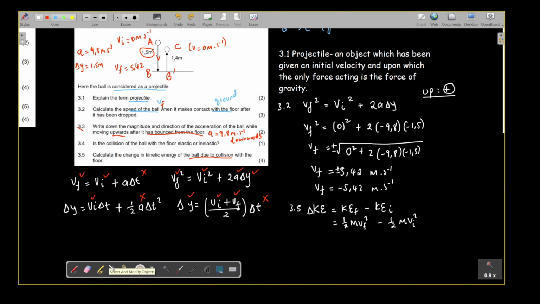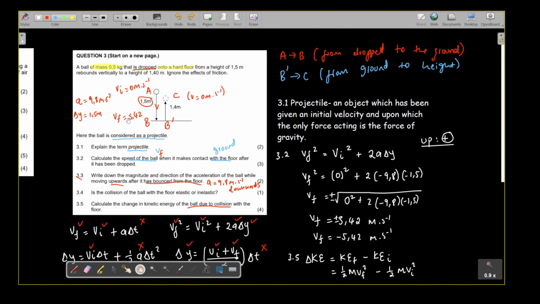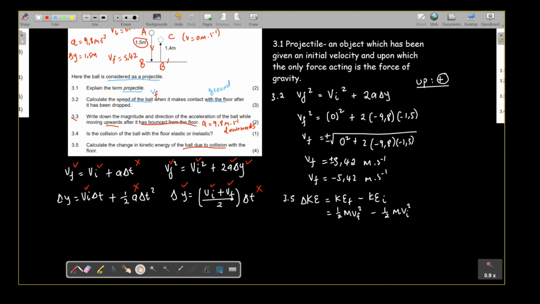Okay, so what you want to do there is substitute the final velocity, and substitute the initial. Actually, we were given the mass of the object. From the question, it said that a ball of mass 0,5 kg. So we are given the mass of the object.